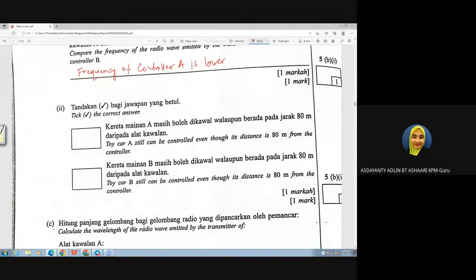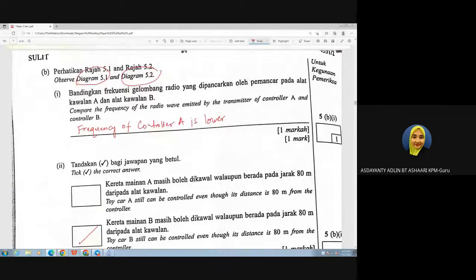Number 2. Toy car B, correct. Toy car B still can be controlled even though its distance is 80 meter from the controller.